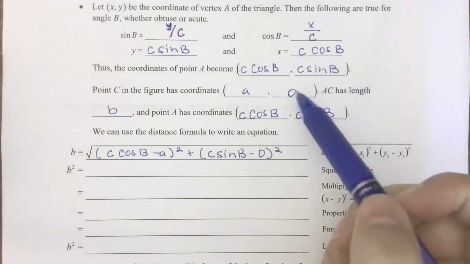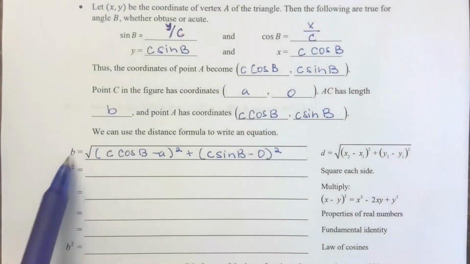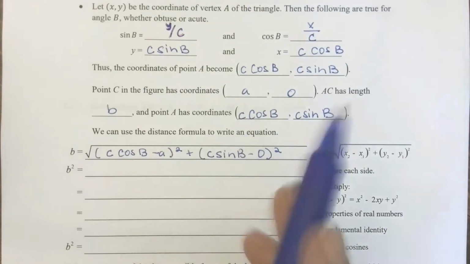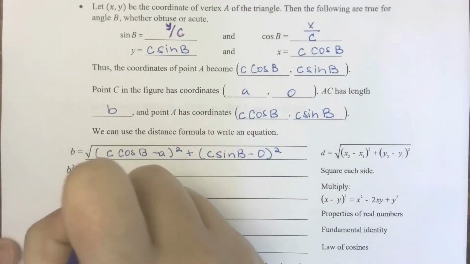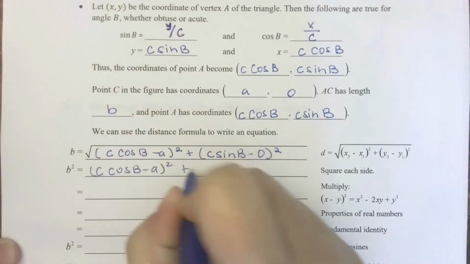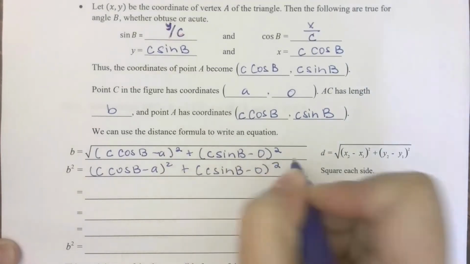This will be y1. If we square each side, if we square b and then square this right side, our radical is going to go away, so we're just left with what's underneath the radical. So b squared equals (c cosine B minus a) squared plus (c sine B minus 0) squared.